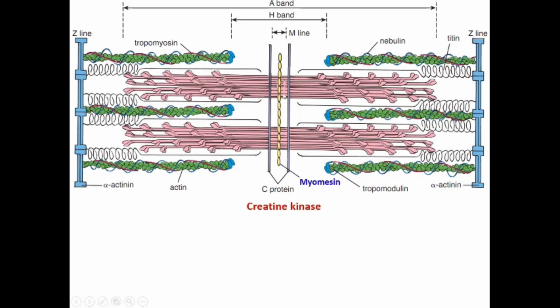We have some proteins in the M line, for example, called myomesin and C protein. These two proteins hold the thick filaments in place in the middle of the sarcomeres. In addition to these two proteins, we have another protein in the M line called creatine kinase.